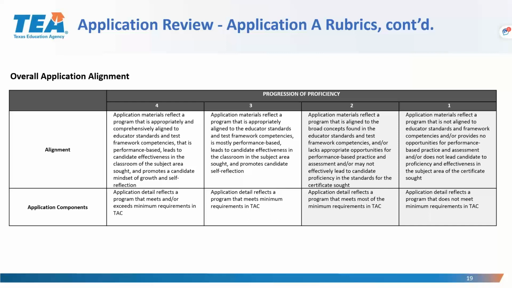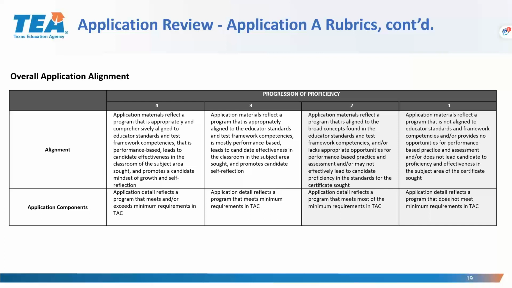Here, TEA staff will use the information submitted in all 6 parts of the application to determine the overall score. The main theme in this application, and in all program applications, is alignment. It is important to make sure that what the program submits is aligned to TAC and to the standards and competencies identified in the application.